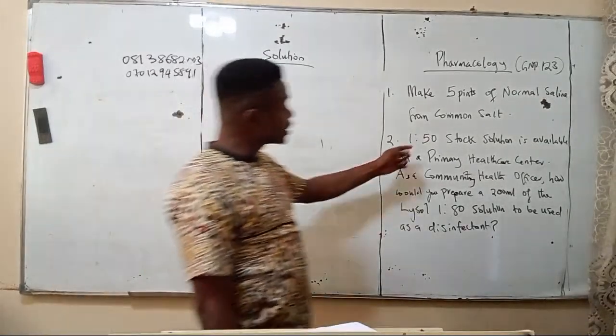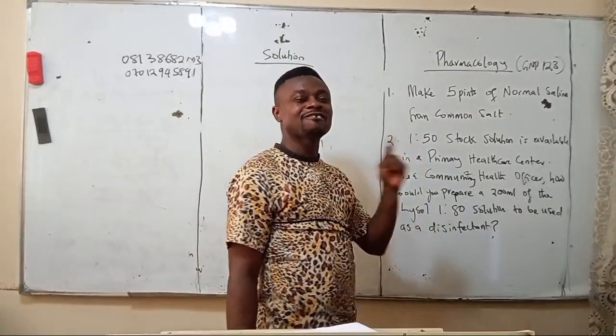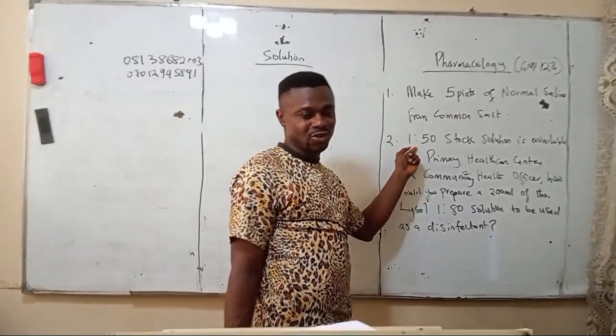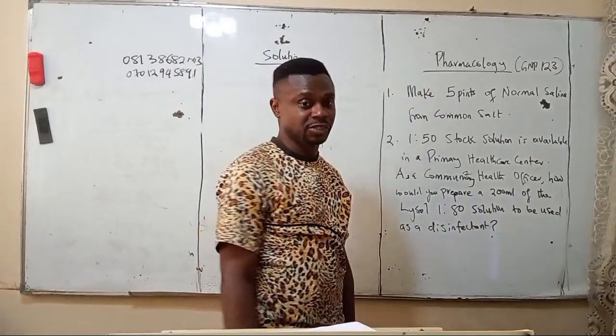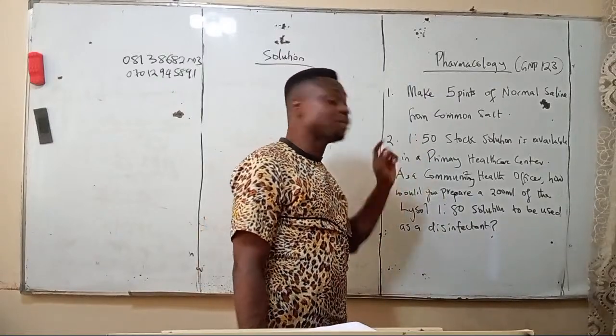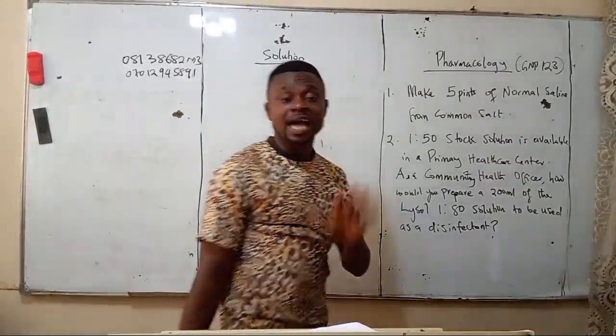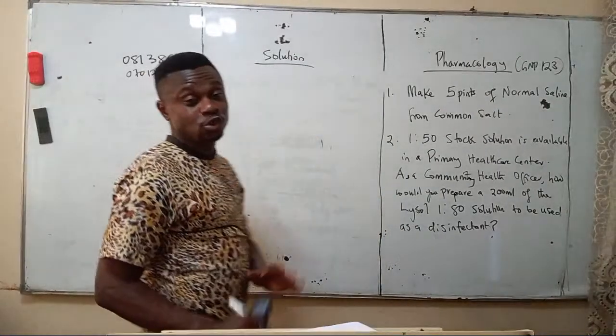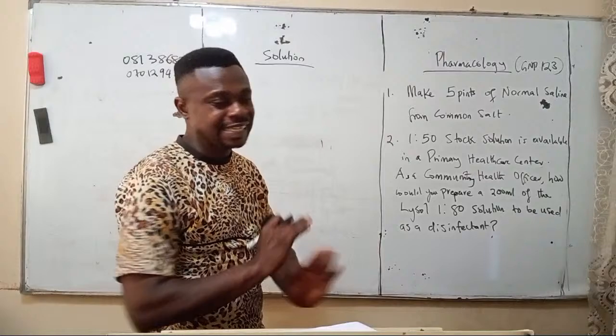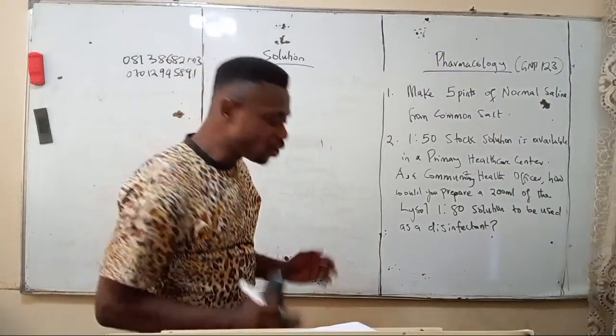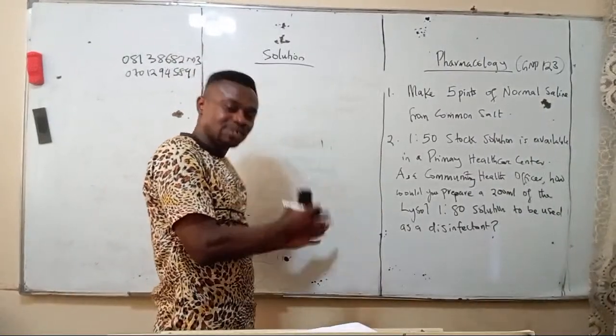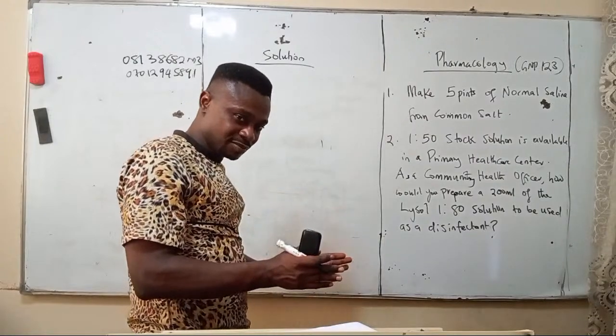You can work with this stock ratio strength, but I prefer converting this ratio strength to percentage concentration. Actually, to solve this, we use what is called the dilution formula. I prefer using the dilution formula because the stock solution has a particular concentration and a particular volume.